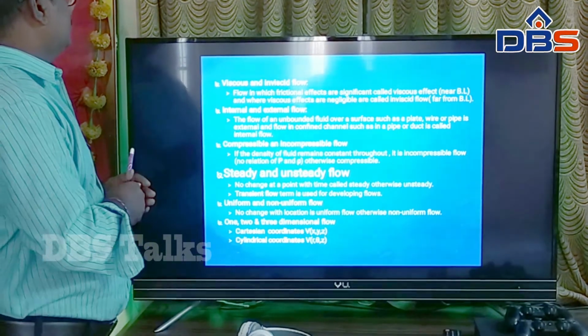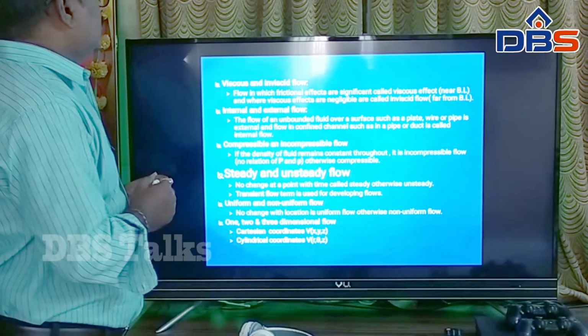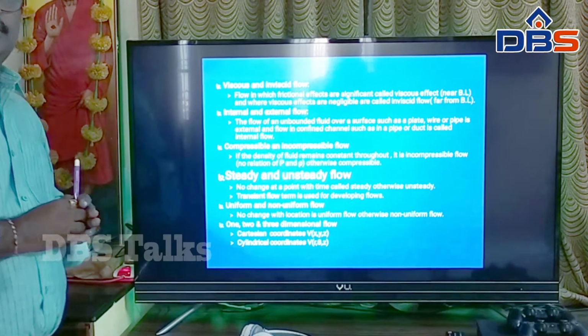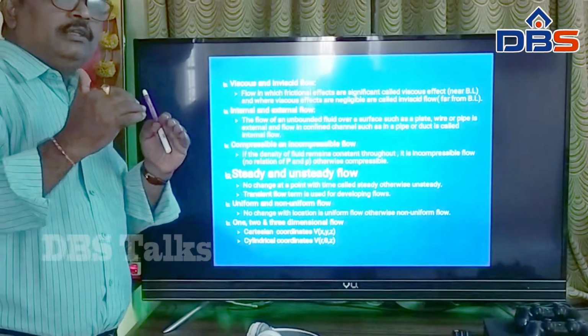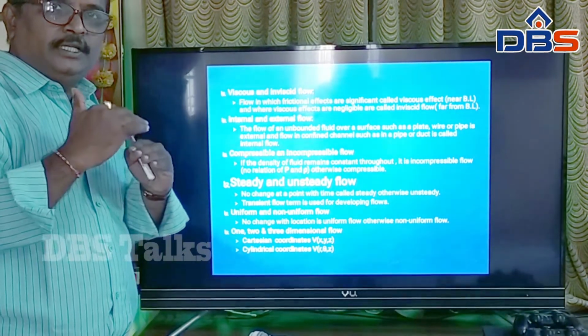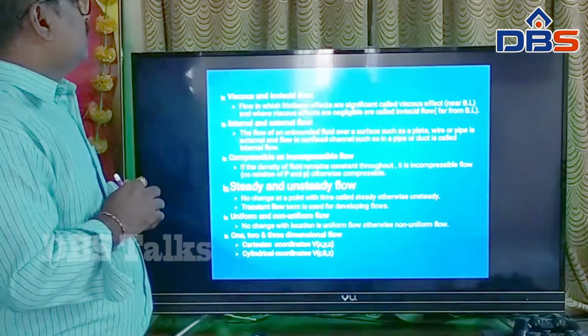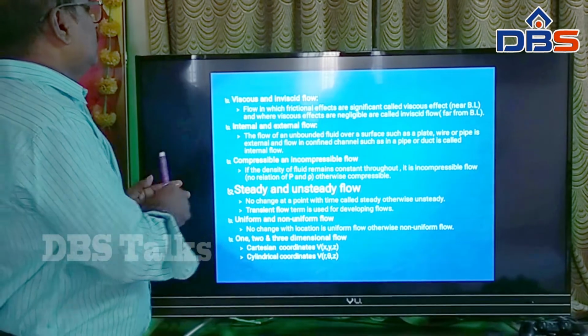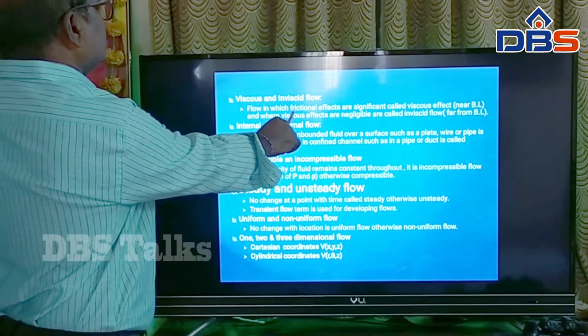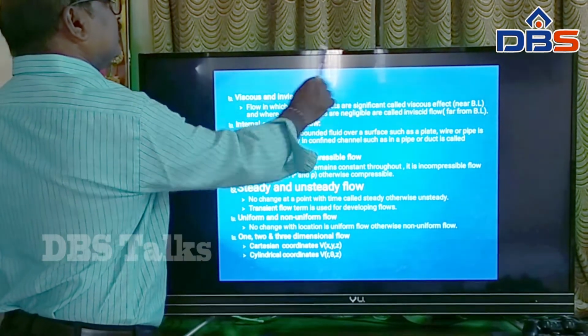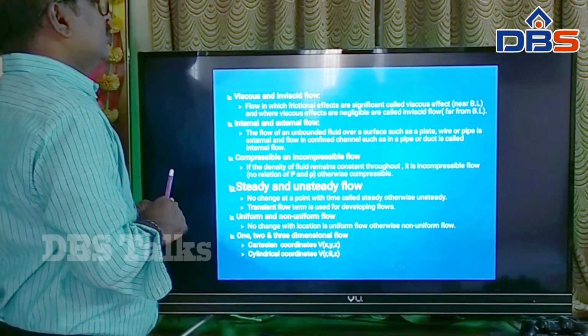So coming to these flows, generally in viscous flows, between the fluid layers there will be more amount of friction. So viscous flow means flow in which frictional effects are significant, called viscous effects.